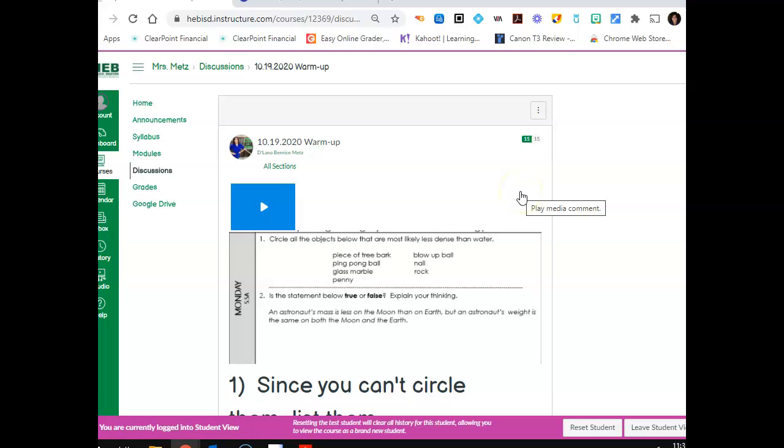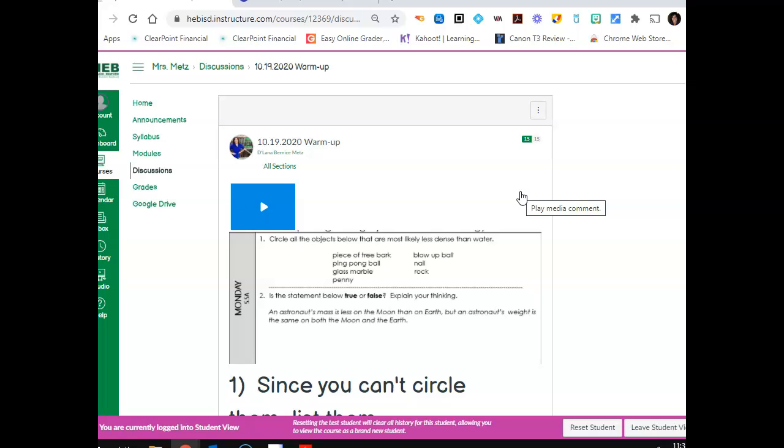You have a piece of tree bark, a ping pong ball, glass marble, penny, a blow-up ball, a nail, and a rock. So which one of those do you think will float? Because it'll be less dense than water. Number 2 says, is the statement below true or false? And explain your thinking.